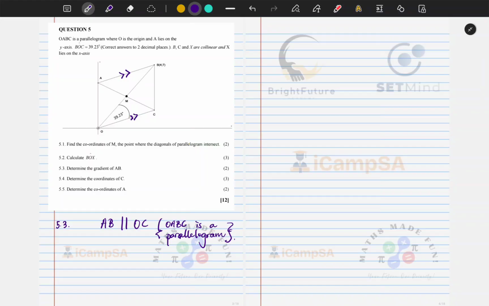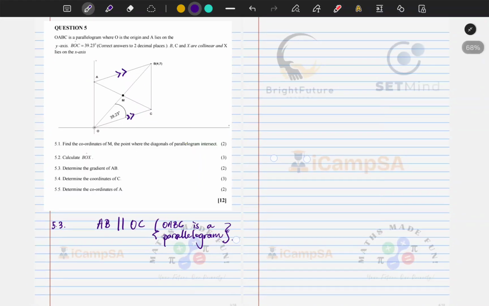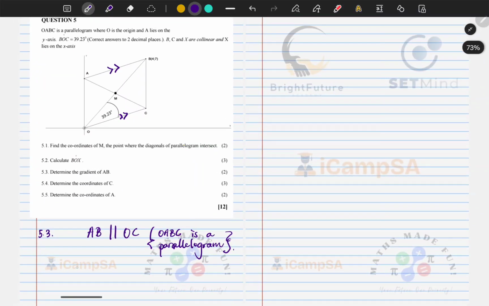It means that the gradient is going to be equal. So that means that the gradient of AB is going to be equal to the gradient of OC. And we'll see why that is very important.